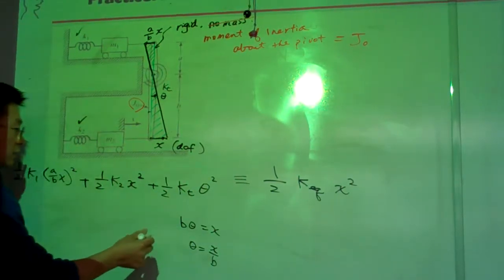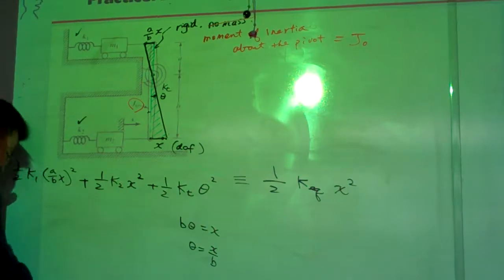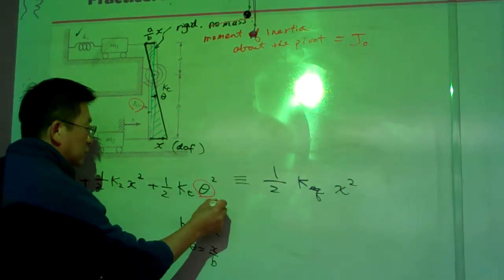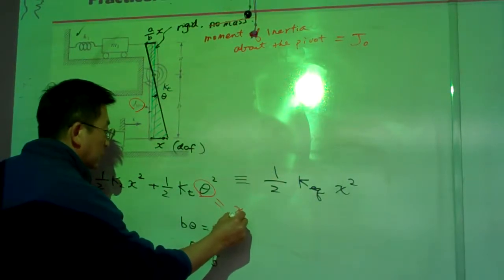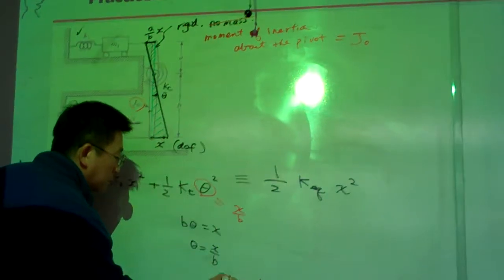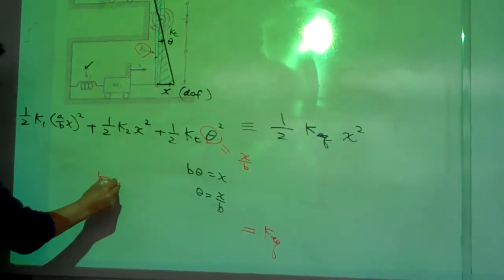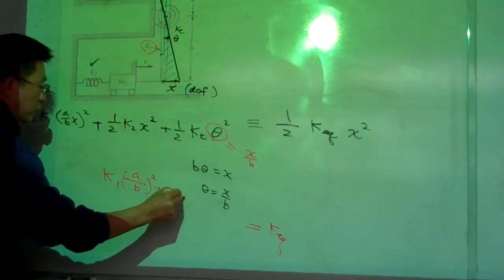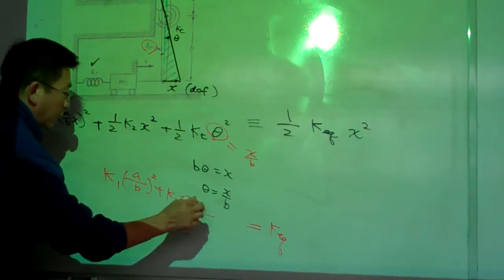So plug in this information. This one simply equals x over b. Therefore, KEQ will be equal to K1 A over B squared plus K2 plus KT divided by B squared.